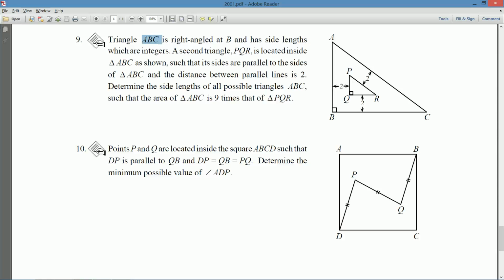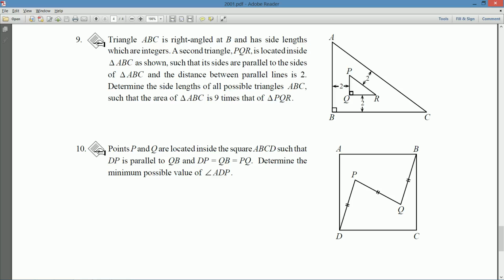So triangle ABC is right angled at B, just as we have shown here in the picture, and has side lengths which are integers. Okay, so I'm starting to think of Pythagorean triples: 3, 4, 5, 5, 12, 13, 8, 15, 17. These are the things that just immediately run through my head at this point.